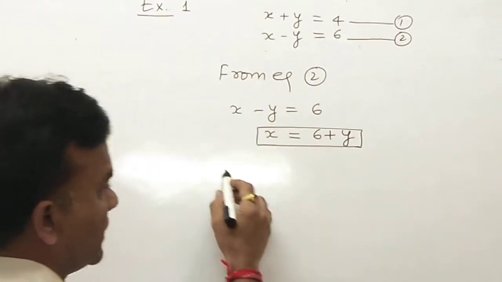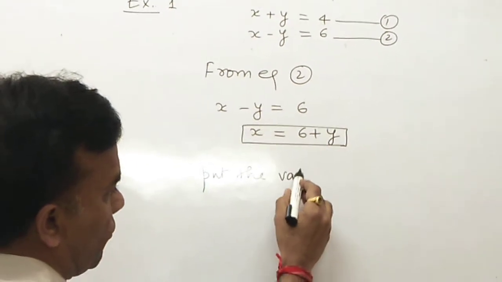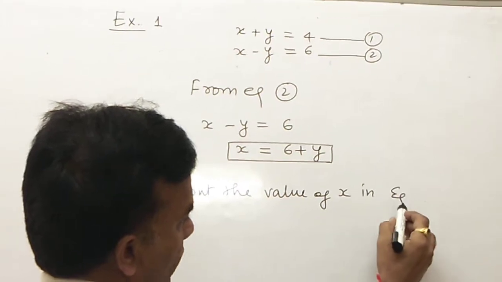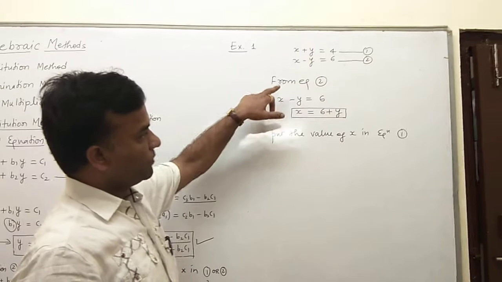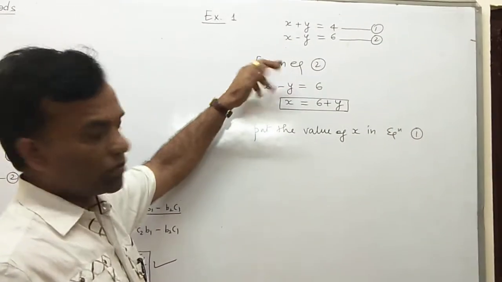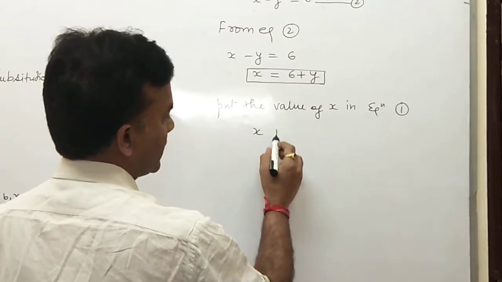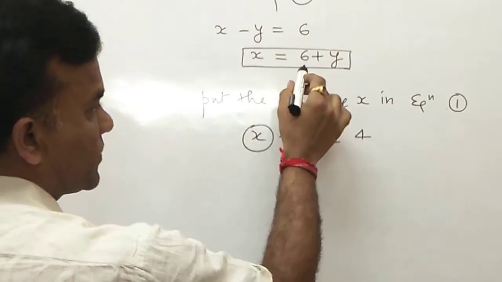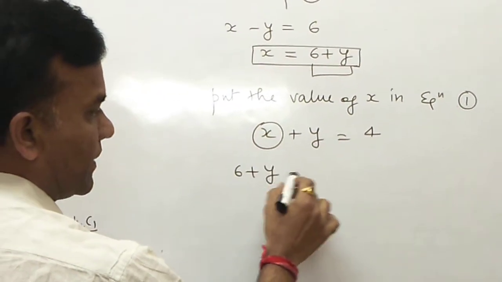Now put this value of x in equation 1, because we got the value of x from equation 2. In equation 1 we have x plus y equal to 4. So in place of x you substitute this value, 6 plus y.